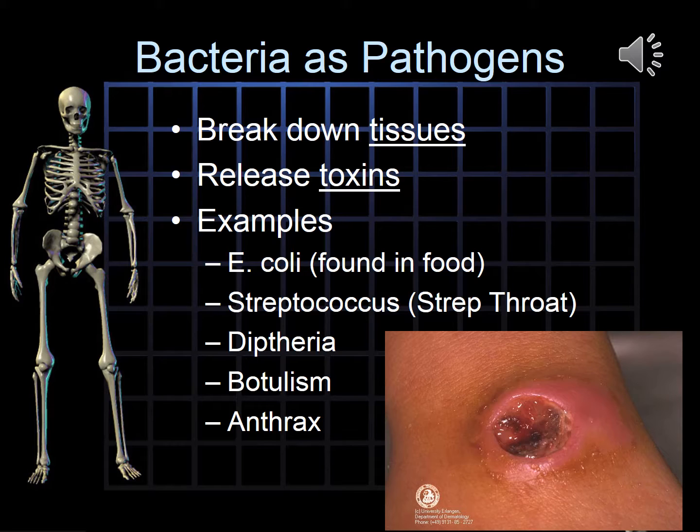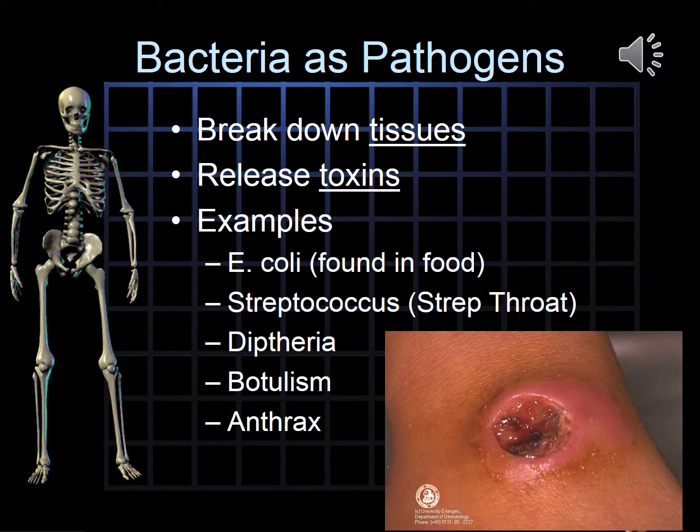There are quite a list of bacteria that break down tissue and produce toxins, which basically can kill you. Examples are E. coli that can be found in food, strep throat, diphtheria, botulism, and anthrax.